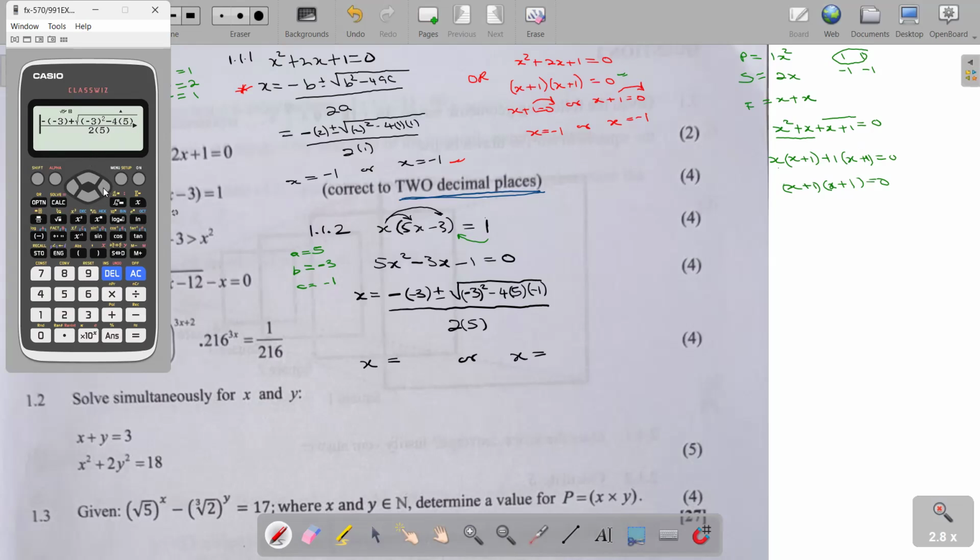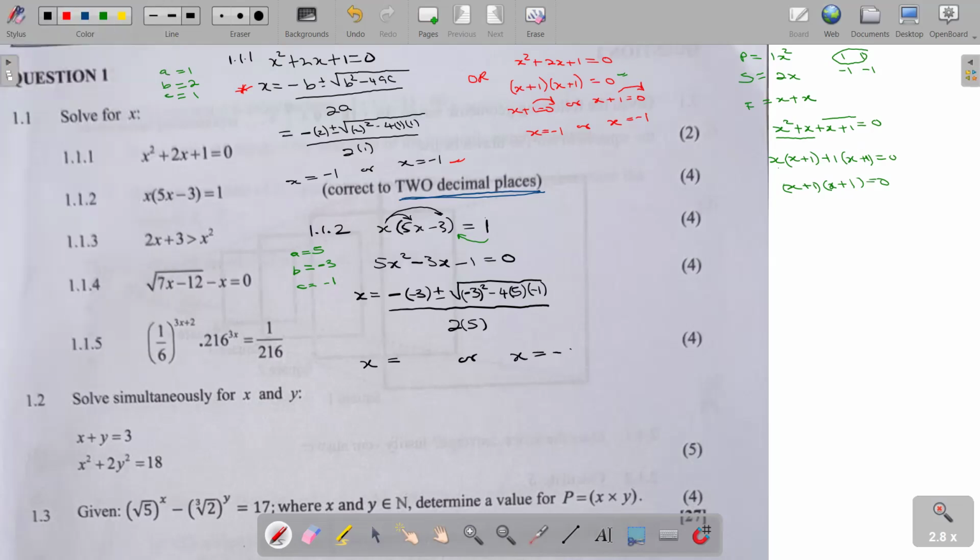Then to get the other one, we are going to put minus there, and changing, negative 0.24. So our answers are negative 0.24 and 0.84 as obtained on the calculator.